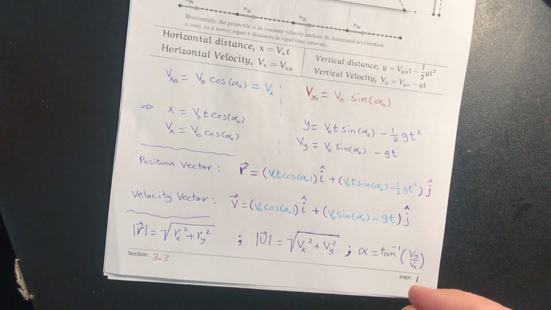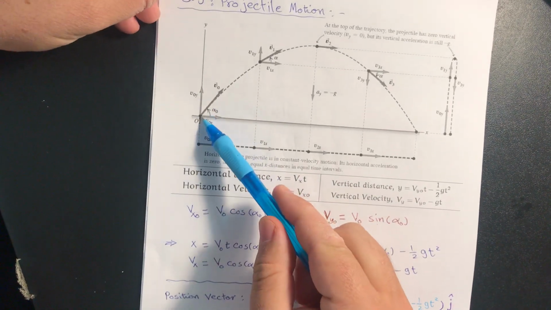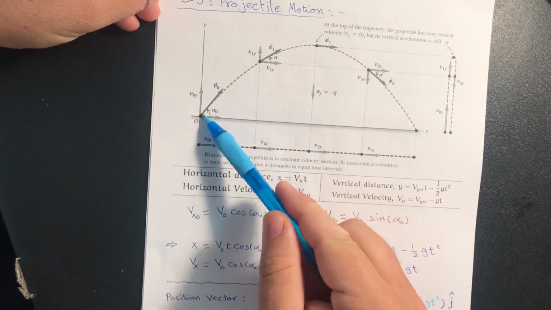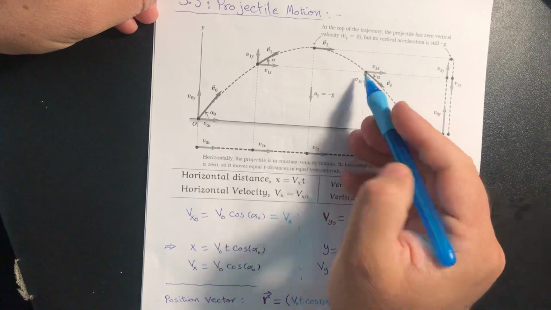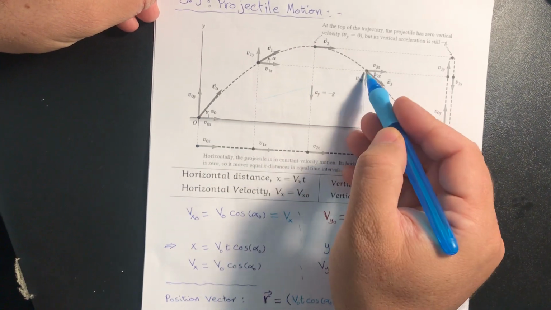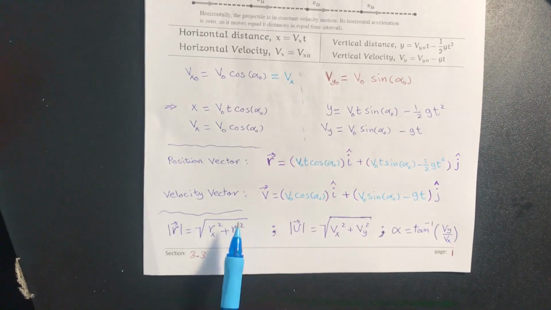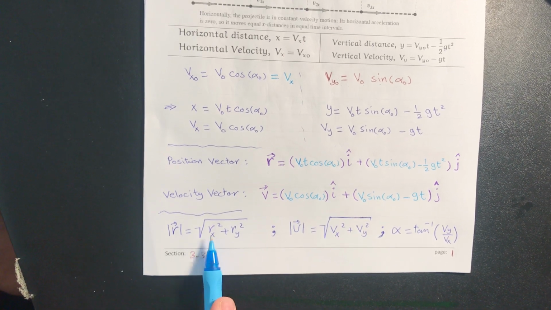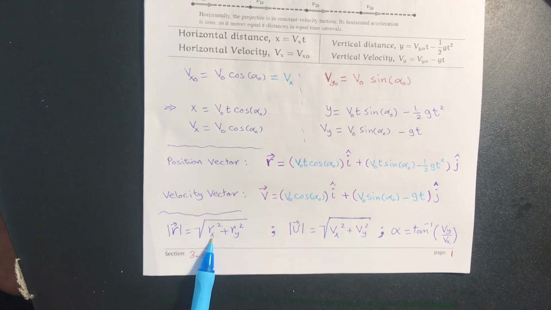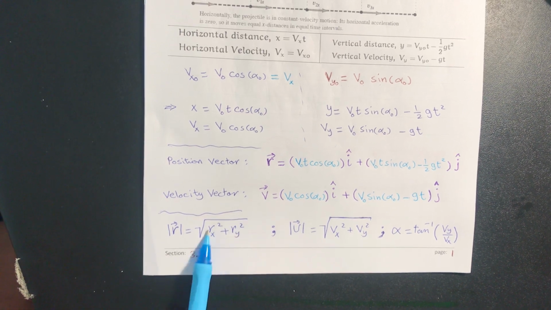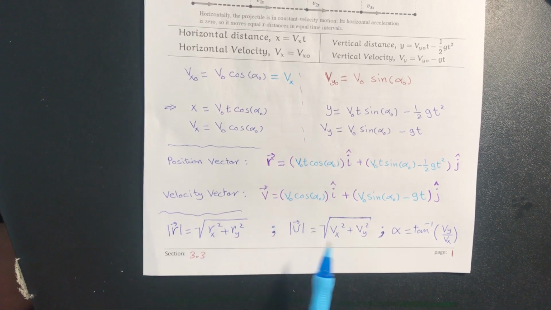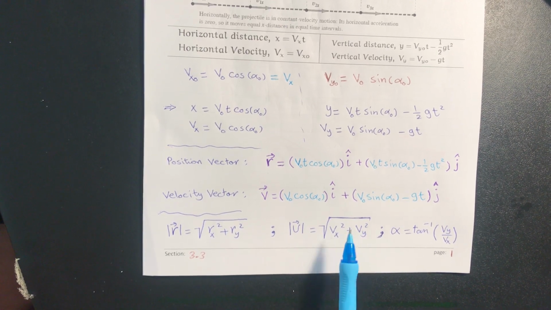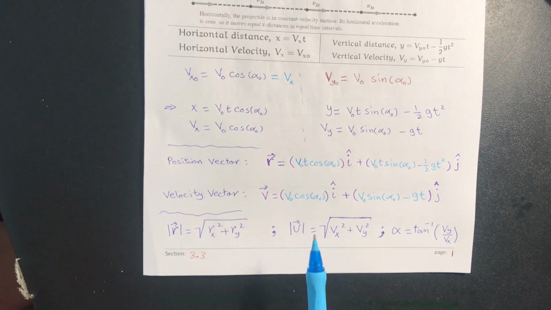What is the distance from the first point, or the initial point, which is r? We can use the Pythagorean theorem to find the distance, which is rx squared plus ry squared under the square root, and we can find the speed of that body, which is vx squared plus vy squared under the root.